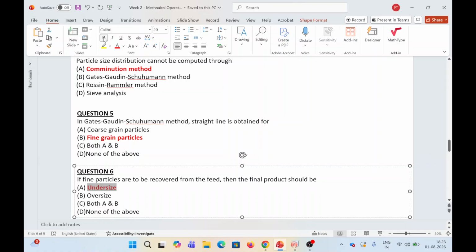Oversize is reject on screen. Okay, reject, and the material that passes through the screen is undersize.